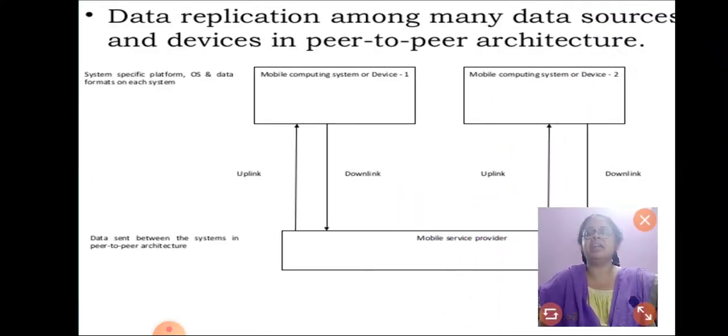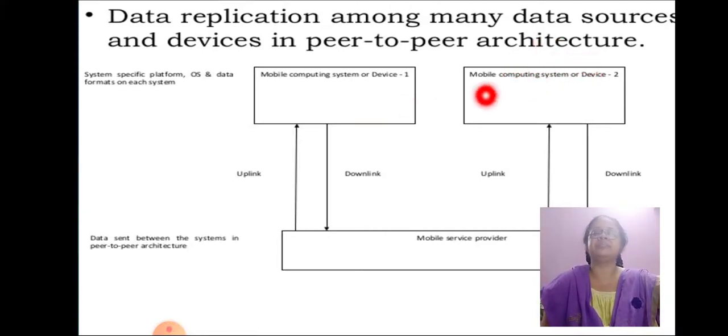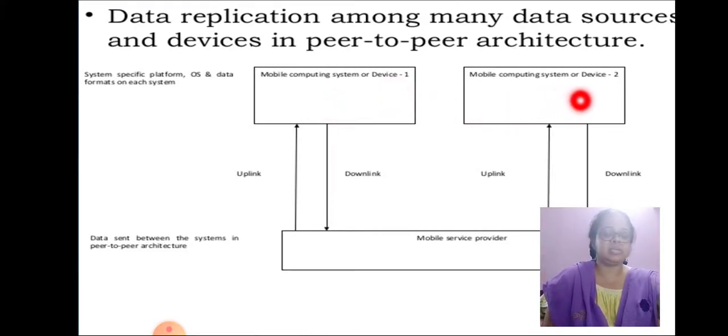There is another diagram: data replication among many data sources and devices in peer-to-peer architecture. Peer-to-peer means there are two mobiles or two devices. Mobile computing system on device 1, mobile computing system on device 2.